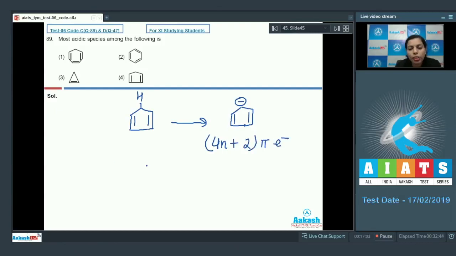Because in this case 6 pi electrons are there, it means it is following Huckel's rule. It will show resonance. It is stabilized by aromatic nature, and that is why, being stable conjugate base, the species which is 1,3-pentadiene is the species which is most acidic. And on that basis, I'll choose option 4 as the correct option.